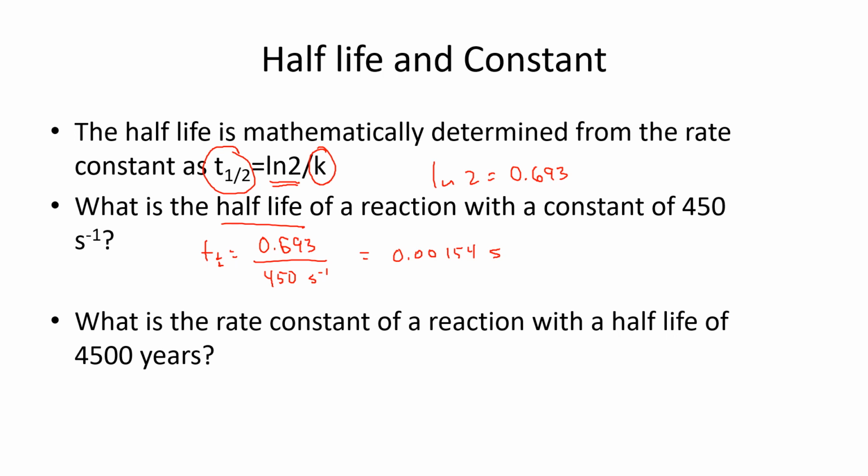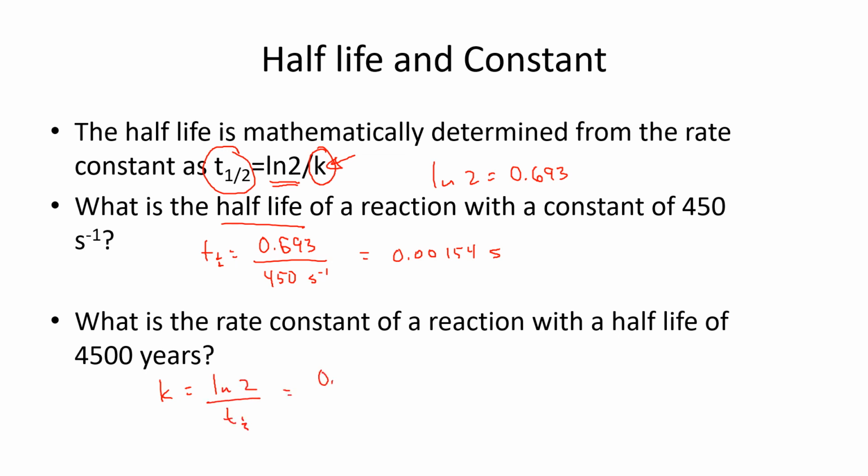Let's break down really quickly. It says, what is the rate constant for a reaction with a half-life of 4,500 years? Okay, so in this case, we're trying to find the rate constant, so that's this part. And so to rearrange things here, the constant will equal ln 2 divided by that half-life.